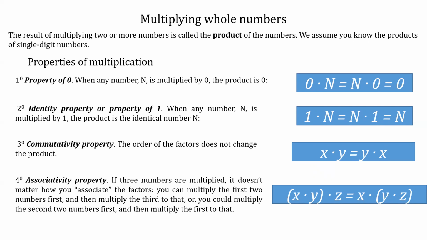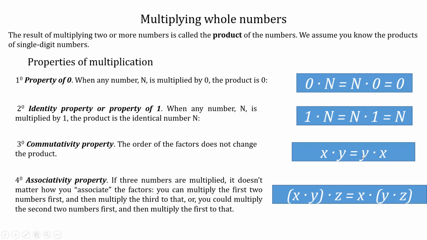So I consider some properties of multiplication. First, the property of zero. When any number n is multiplied by 0, the product is equal to 0. Identity property. When any number n is multiplied by 1, the product is identical to the number n. Commutativity property. The order of the factors does not change the product.